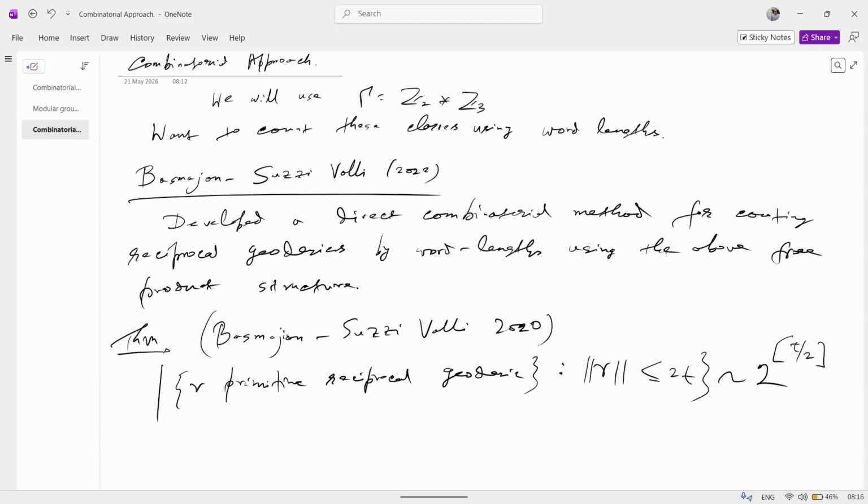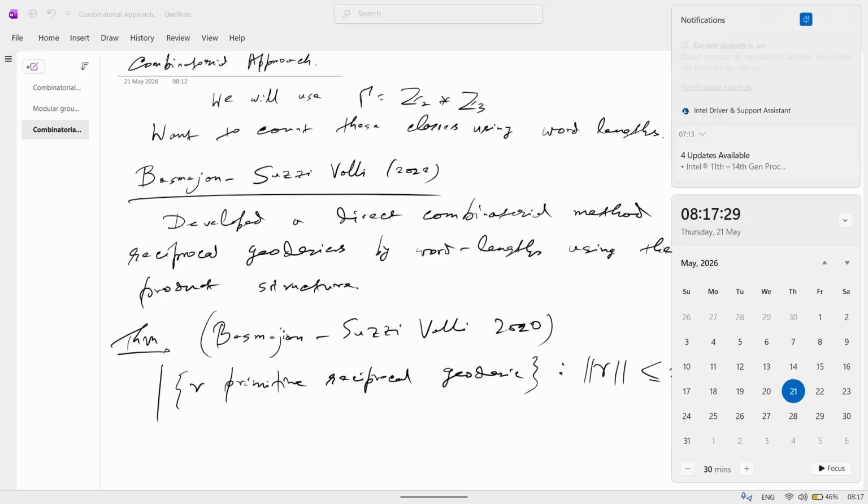So you take any cyclically reduced word, and the length of the word is the number of generators in its reduced form.